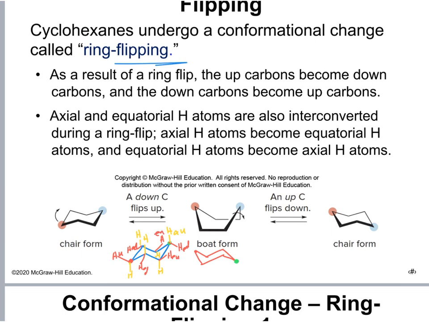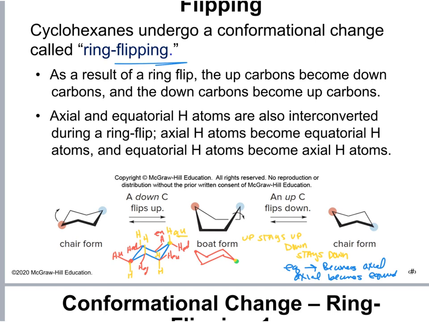Now what happens though, this hydrogen here, up stays up, down stays down. You should memorize this when you do your ring chair. And then equatorial becomes axial, and axial becomes equatorial. And this will make a difference when you don't have hydrogens.